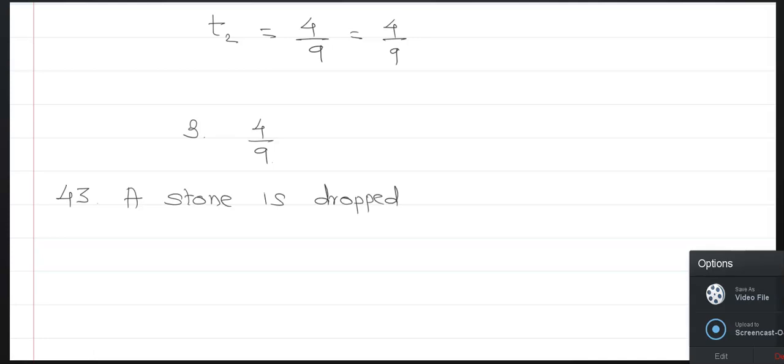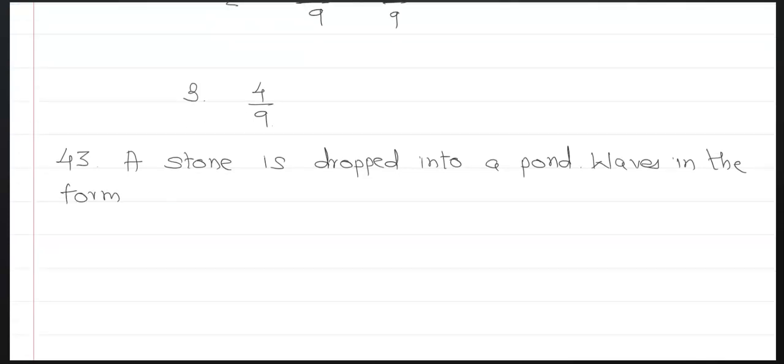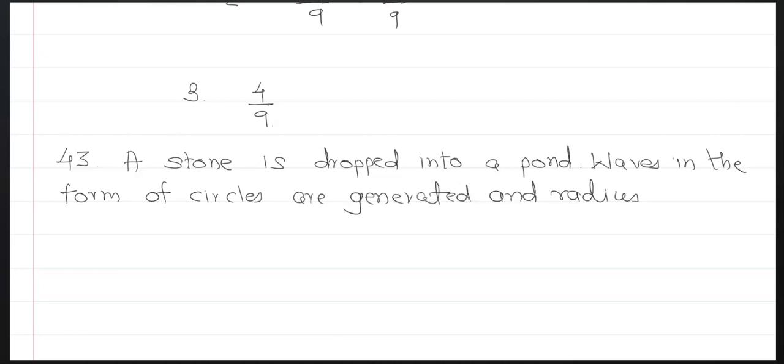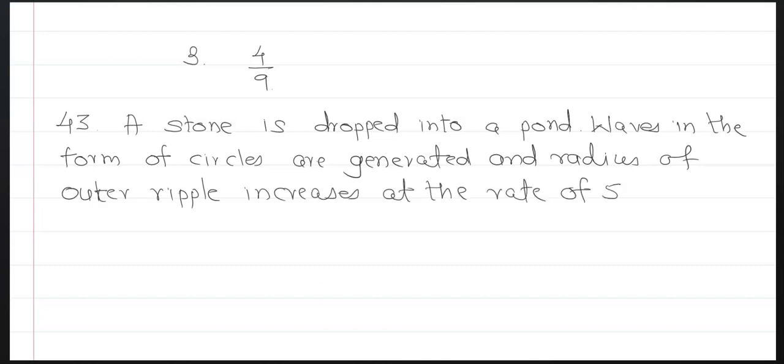A stone is dropped into a pond. Waves in the form of circles are generated and the radius of the outer ripple increases at the rate of 5 cm per second.